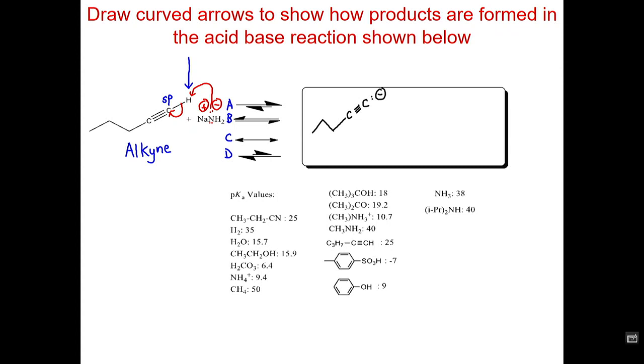The Na plus now associates itself with the anion, so you draw that near the anion, and in the process NH2 minus grabbed a hydrogen to form ammonia, NH3.